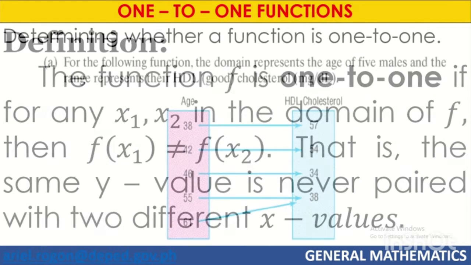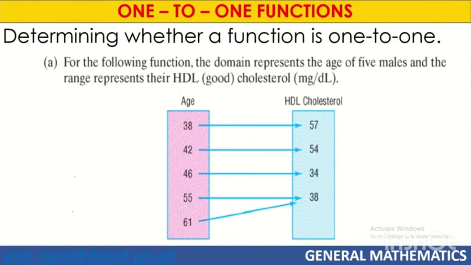So A, for the following function, the domain represents the age of 5 males and the range represents their HDL, good cholesterol, mg/dl. So age is the domain and then the range is the HDL.